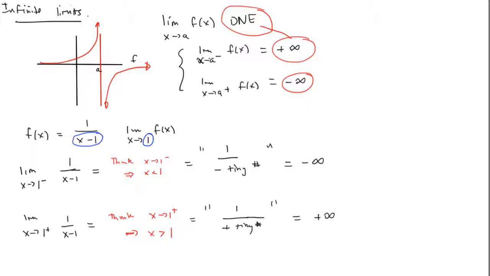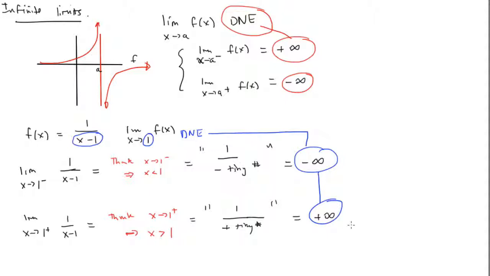Okay, so it's unfortunate that these two answers came out different, and so what we would be forced to conclude is that this answer does not exist because the left and the right-hand answers were different.